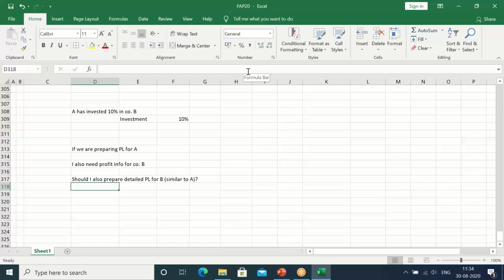Correct. If it's not readily available, then we'll have to do the detailed P&L. रेडीली अवेलेबल कैसे होगा? ये फोरकास्ट पीएनएल की बात हो रही है. कोई कंपनी अपना नेक्स्ट ईयर का पीएनएल पहले तो बताता नहीं है, ये तो कभी भी रेडीली अवेलेबल नहीं होगा.